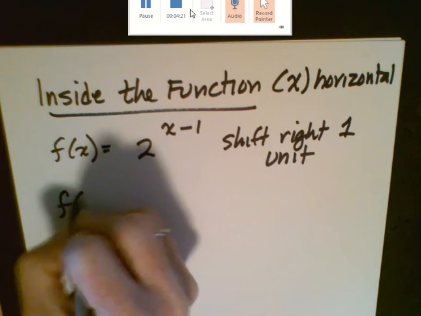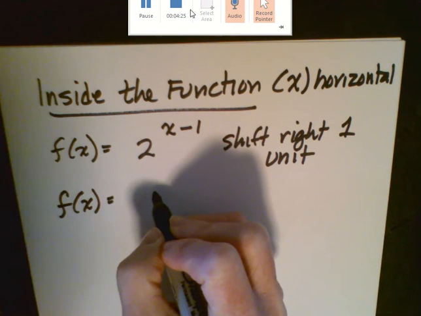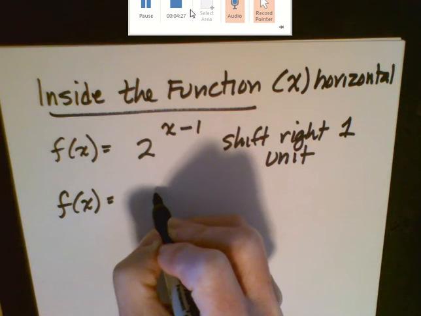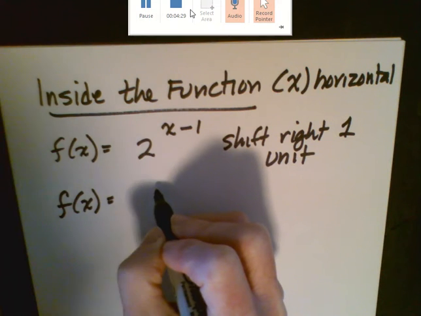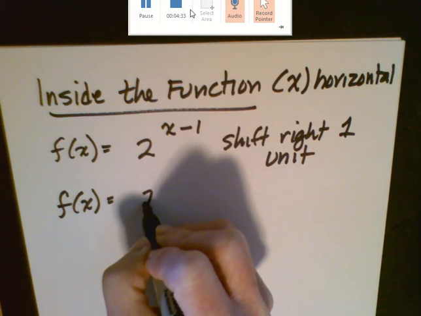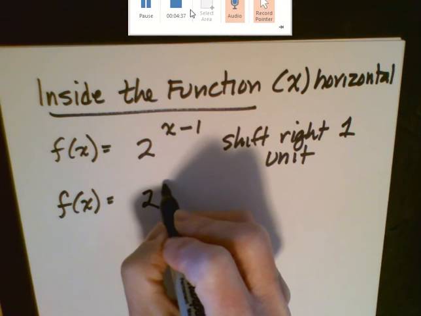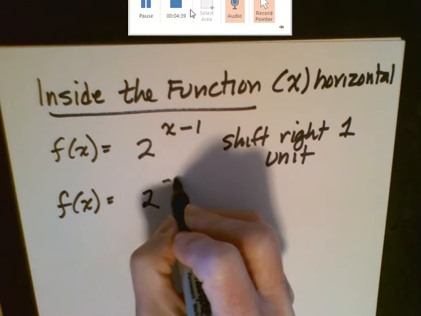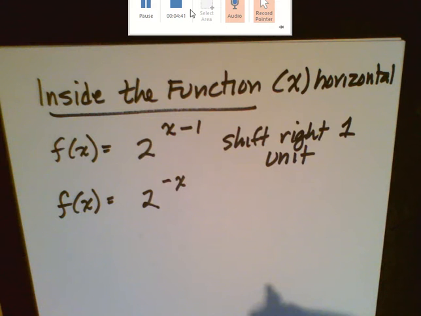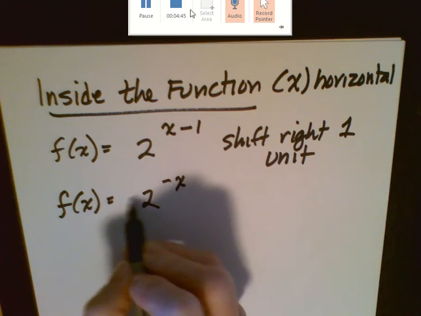All right, f of x equals. Inside the function, what we're going to see is something like this, 2 to the negative x. Again, the negative is inside the function, not out here in front, but inside.